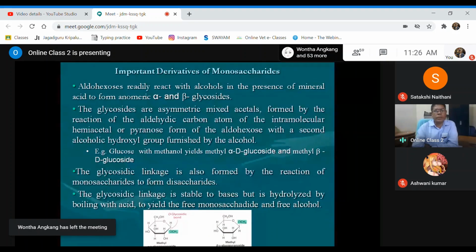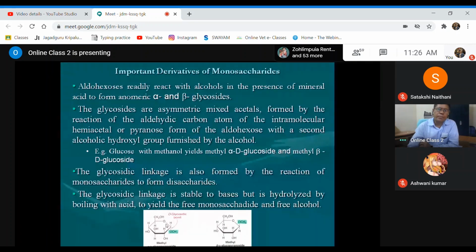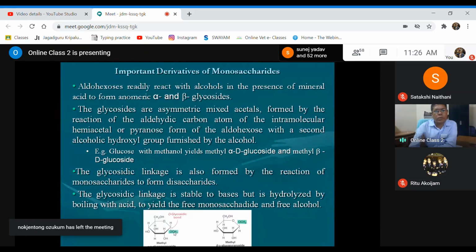Here, can you see the cursor that is moving? Yes, sir. This CH3O is coming from the methanol. Methanol reacts with the OH group attached to the anomeric carbon, carbon number 1. One hydrogen from here and the OH group from the methanol are removed as water, and the methyl group is attached to this oxygen.